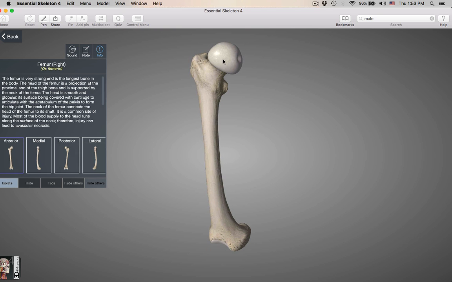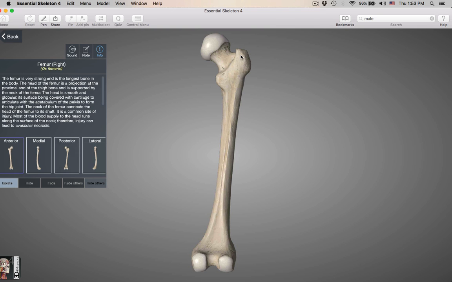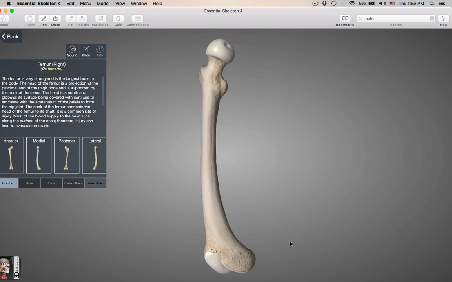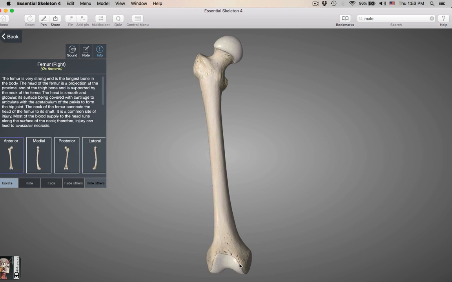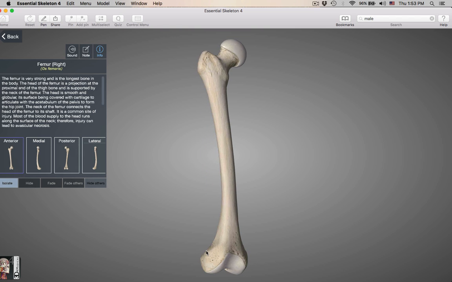Head, fovea, neck, greater and lesser trochanters, the linea aspera on the back side, the medial condyle, condyle is your articulating knob, lateral condyle, intercondylar fossa or notch, and the patellar surface, the medial epicondyle, epi above the condyle, and lateral epicondyle.